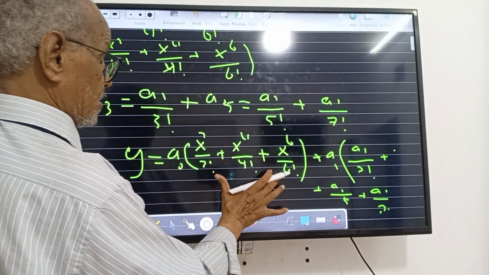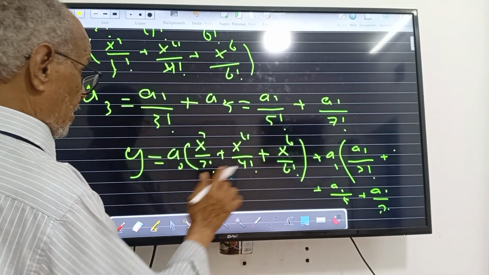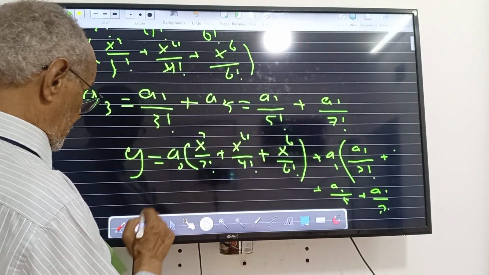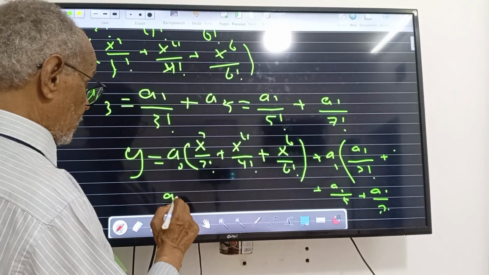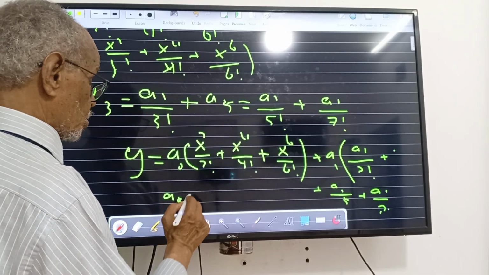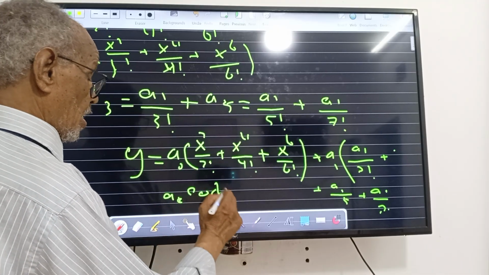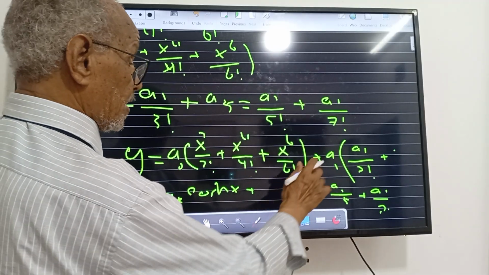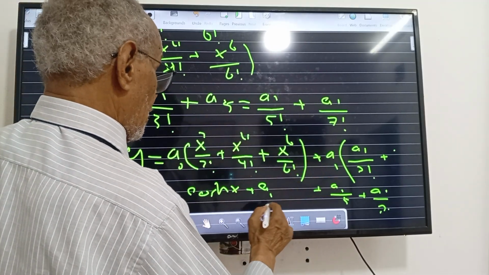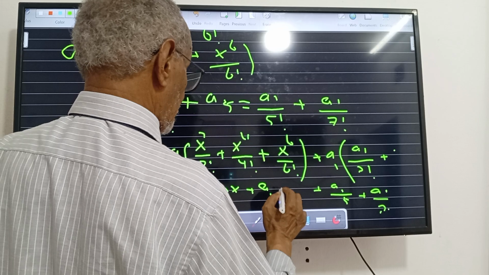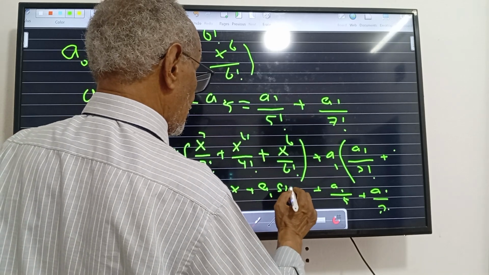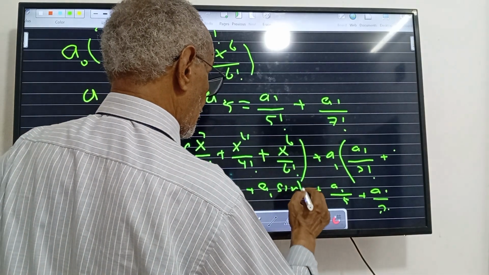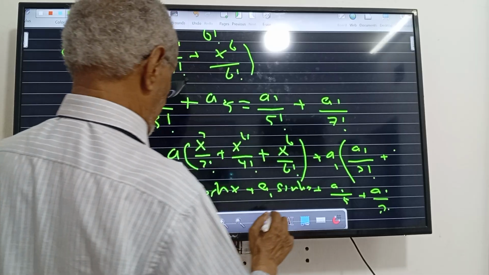And this function here is equal to A0 cosh x, plus A1 sinh x.